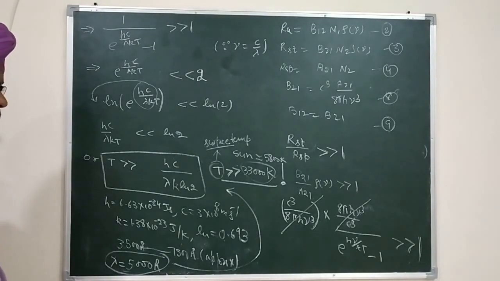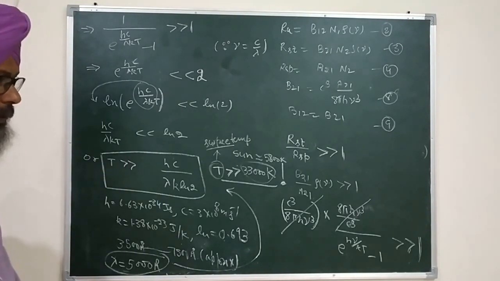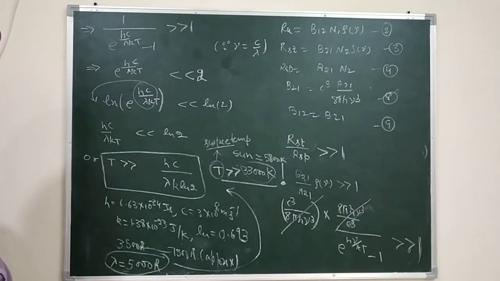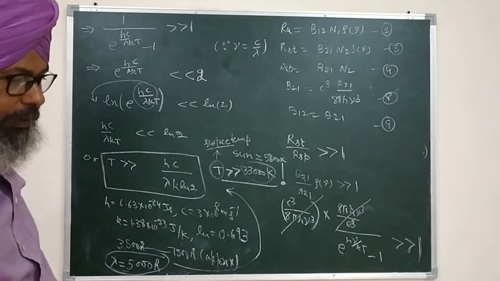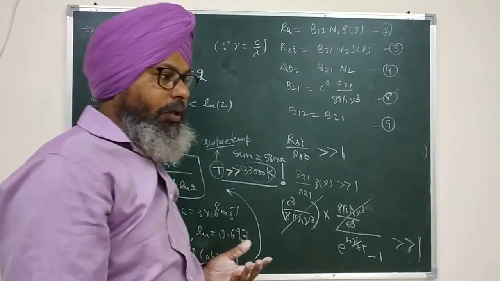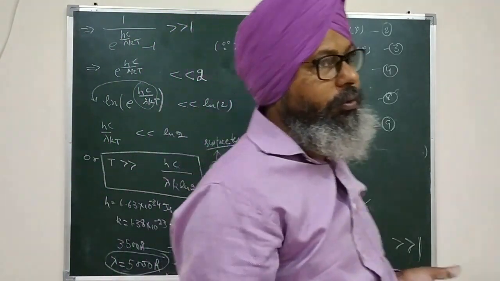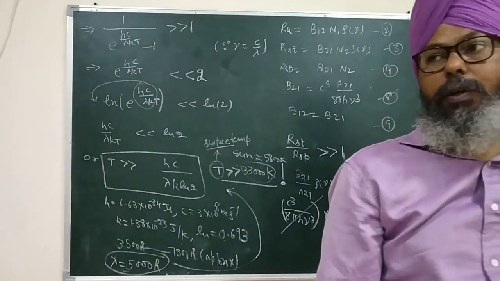So this is a condition which tells us that it is not going to happen that we may obtain stimulated emission from a material just by increasing temperature. Since all natural sources of light are giving energy according to Prevost theory, you might Google it on the internet. What is Prevost theory?